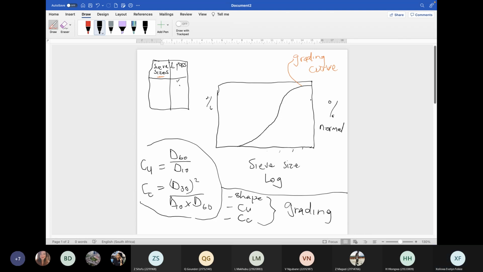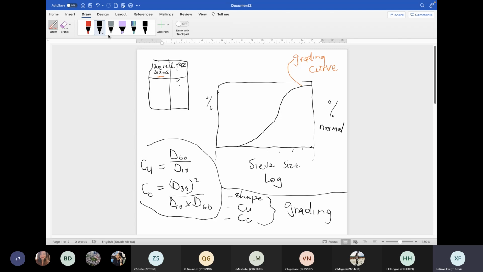If this is the biggest particle, and maybe this is the smallest particle, from here it's big to small. Then what does that mean? It means that you do have 50, 35, 20, 11, 0.425, and the smallest particles you also have. So it means that you have almost all particles represented.